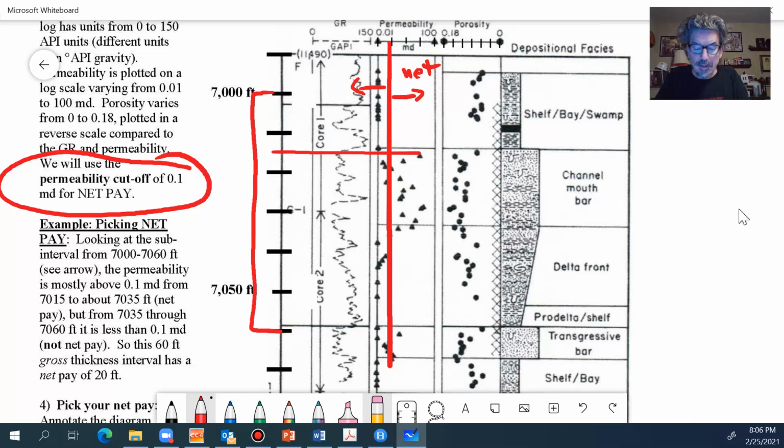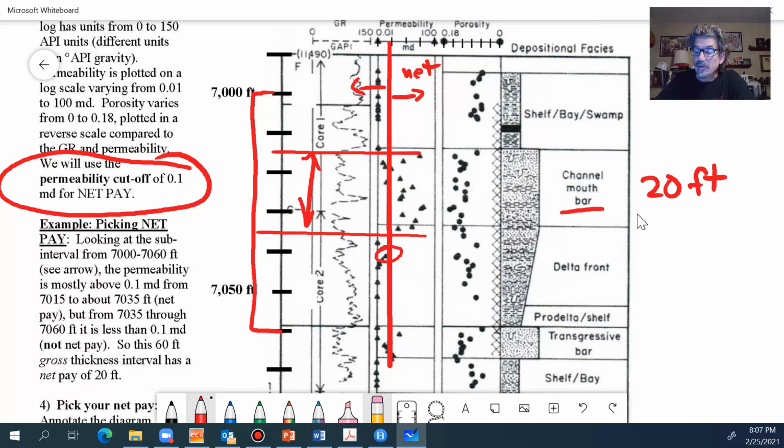And it looks like I covered it up, but there's a data point right here. So that's the bottom of my net pay for this section. And everything else, this comes close, but it doesn't quite get there. So everything else is not net pay. So I've got that interval, which is approximately 20 feet, and it's in the channel mouth bar, which is not surprising that that would be net pay.